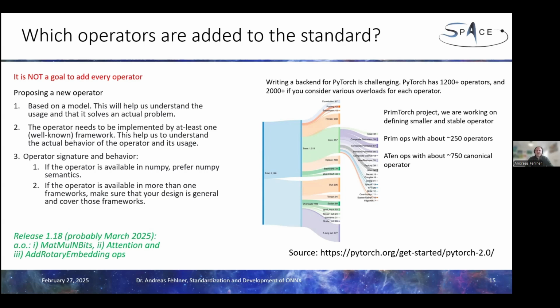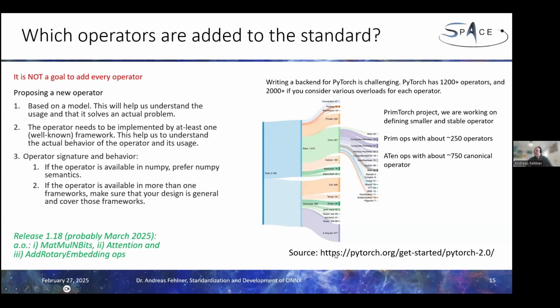So one has to really show that this operator is really needed by a larger community and gives some benefit. And at the moment, release 1.18 is coming, probably at the end of next month, and there are a lot of operators included, which are, for example, now important for some LLMs.